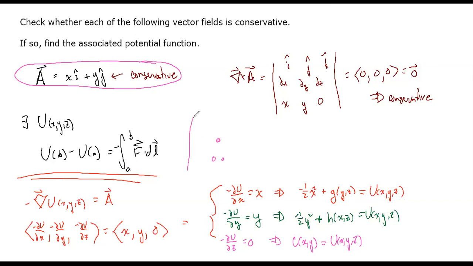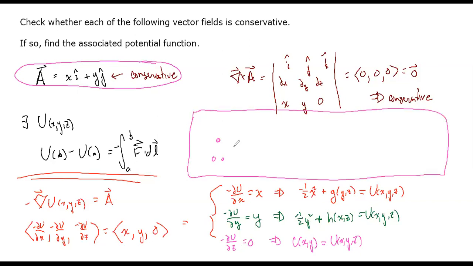I'll put it here, even though it's kind of gross board work, literally the last thing I write. U of x, y, and z is equal to minus 1/2 (x squared plus y squared), grouping the terms, plus, we'll give it a good name for our integration constant, u of 0.